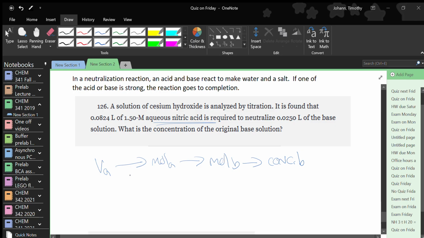The conversion factor here, volume to moles, is concentration of acid, which we're given in the problem. Moles to moles is going to be our balanced equation. And moles to concentration, we're going to use our volume of, in this case, base to get that.